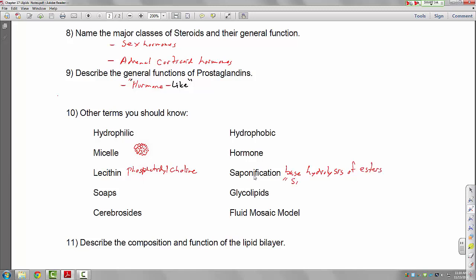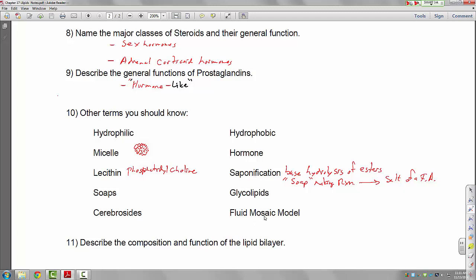Also, you can think of it as soap manufacturing or soap making, the soap making reaction. And this produces the salt of a fatty acid. Glycolipids, like the gangliosides, the cerebrosides, these are the sphingolipids that had carbohydrate on them.